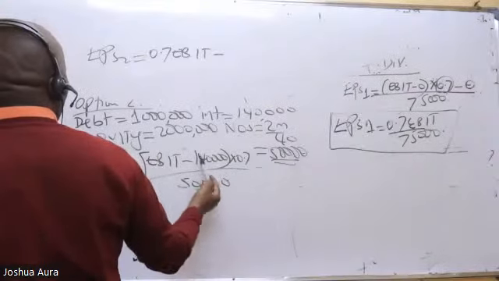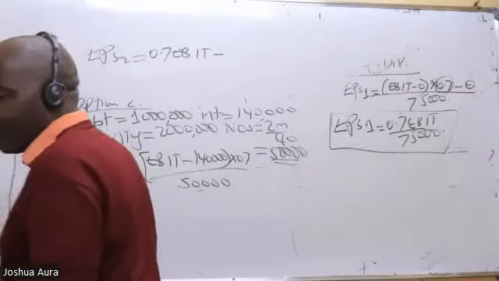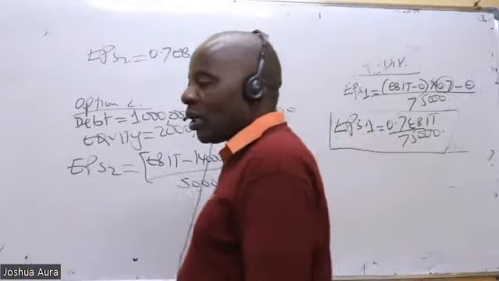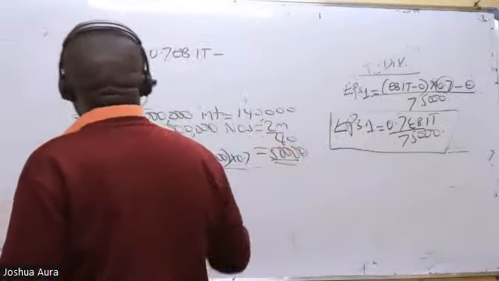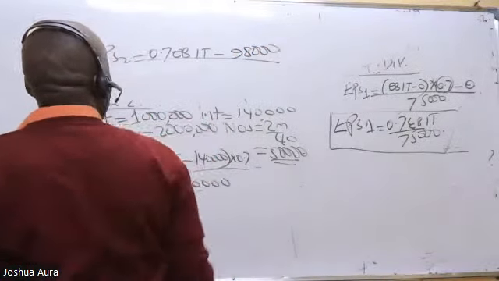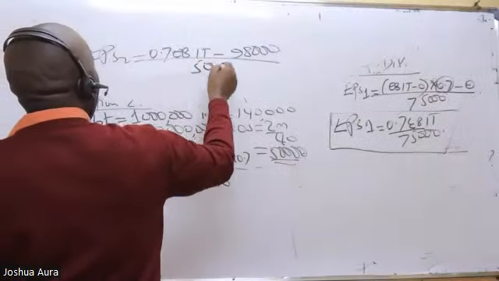What is 0.7 times 140,000? According to John Massey, Jackie Ochola and Saimo Devi, it is 98,000, divided by 50,000.